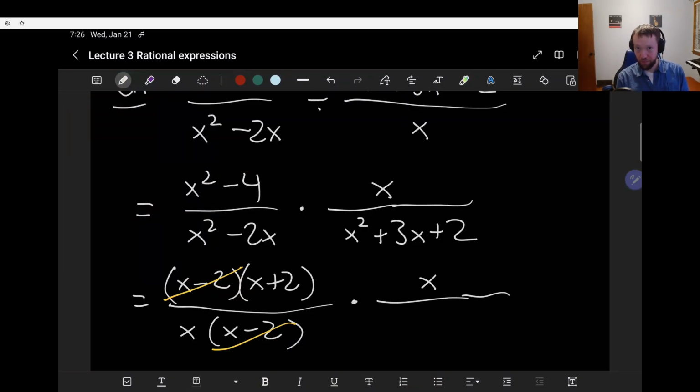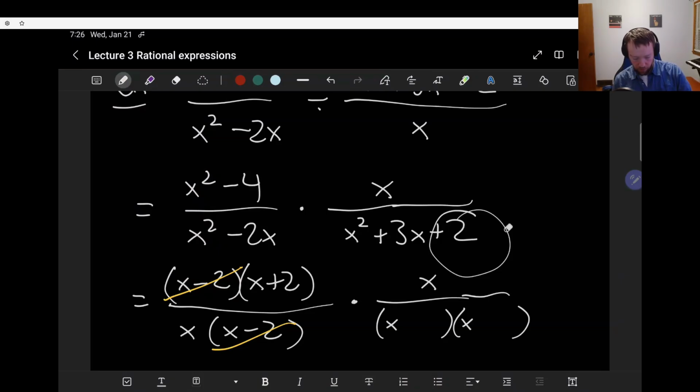Well, x, that's already pretty simplified. And now the denominator, this is a standard trinomial that we can factor. So numbers that multiply to 2 and add to 3, well, a good choice is plus 2 and plus 1.